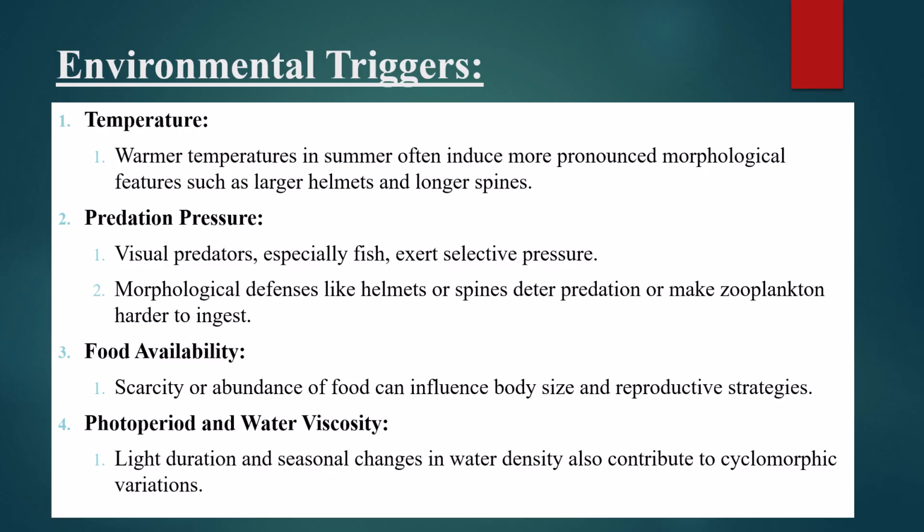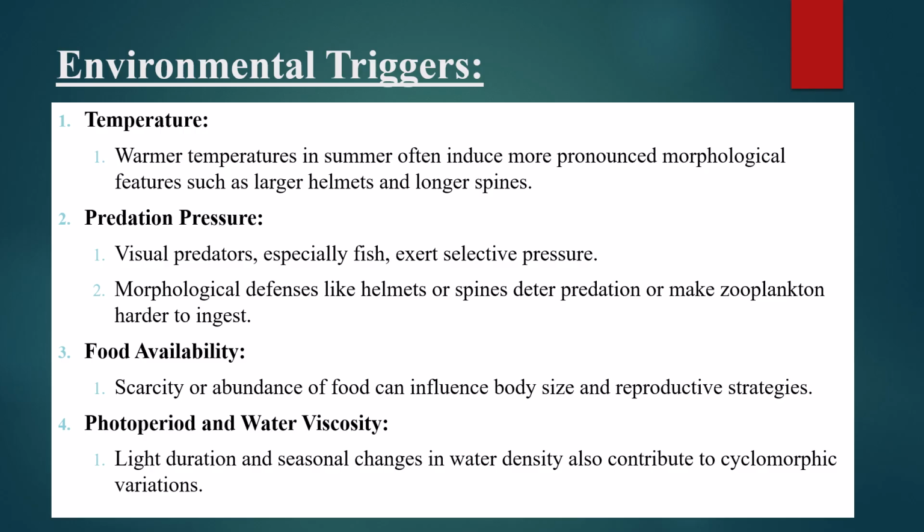So it is a selective predation pressure, and because of that, that specific population will go for the next progeny, and that's how slowly and steadily the larger spines develop. They develop morphological defenses like helmet or spine that deter predation or make zooplankton harder to ingest, that we already discussed in our previous slides.